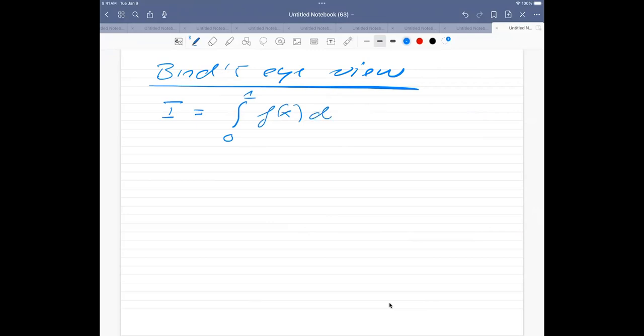But this function here is something which we can rewrite if we introduce the uniform distribution. This is normally the standard distribution which is used to generate random numbers computationally. That's why we often start with an integral like this. So in this case, I just chose the integral from 0 to 1.